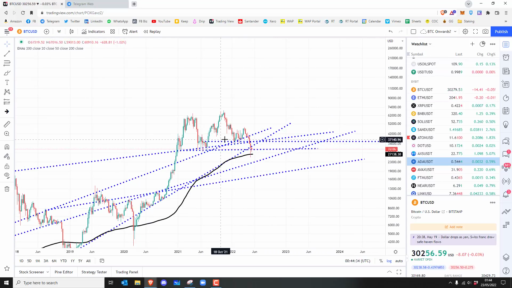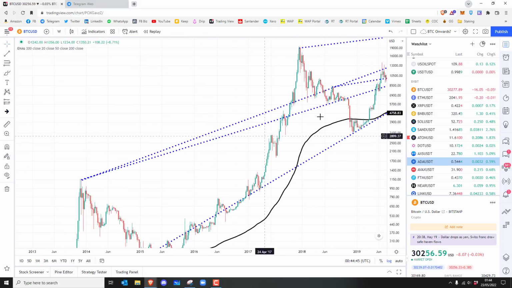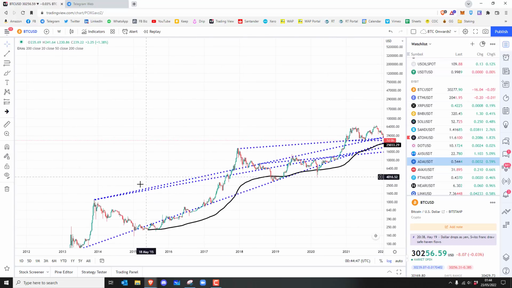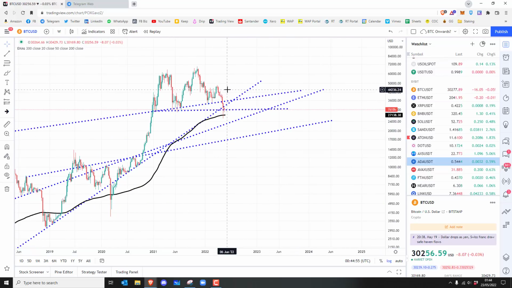This one across here, this is basically some sort of support which it just busted through. We have another one here which basically goes back all the way down to this high in 2013. So there's a couple of support levels from that 2013 high which acted as support, which you can see it broke through. We can now get rid of that one.